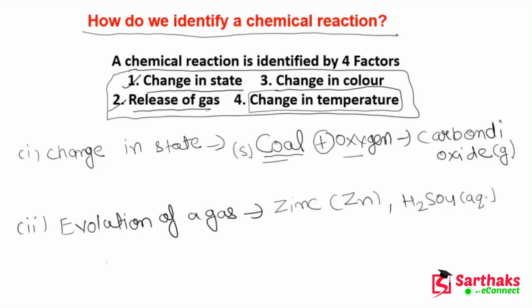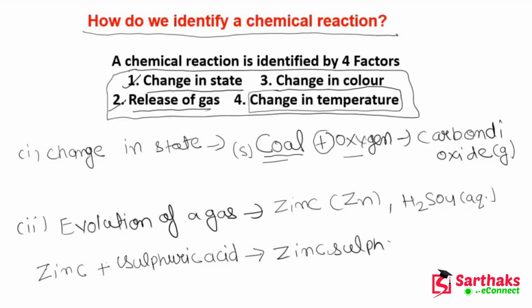Now guys, what will happen when these two substances react? Then they will give us zinc sulfate. Let me write it here for you. Zinc, when it reacts with sulfuric acid, will give us zinc sulfate and hydrogen gas.